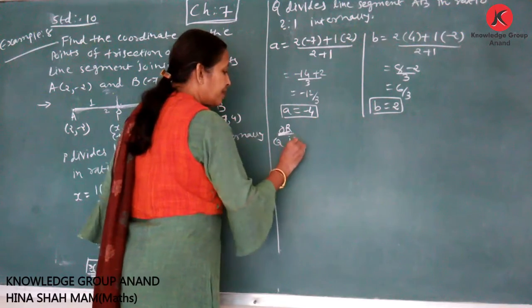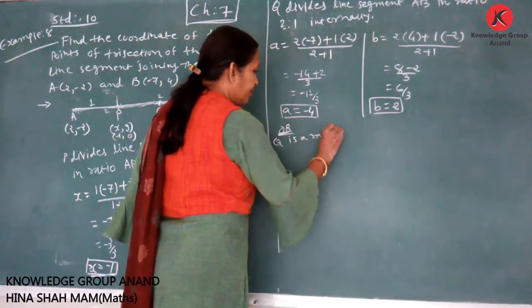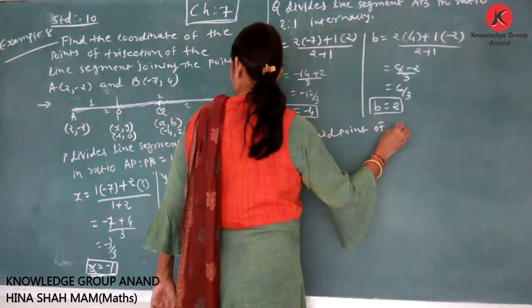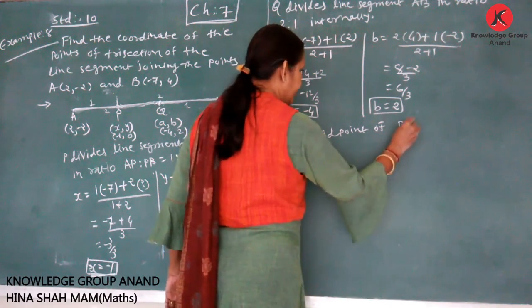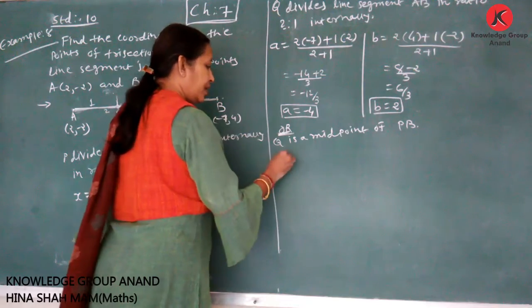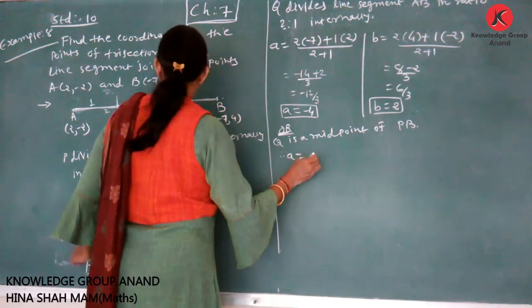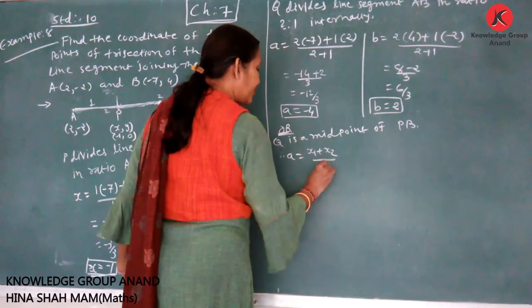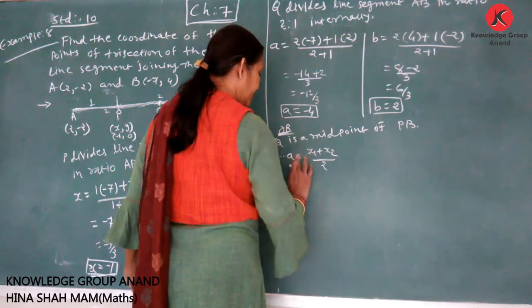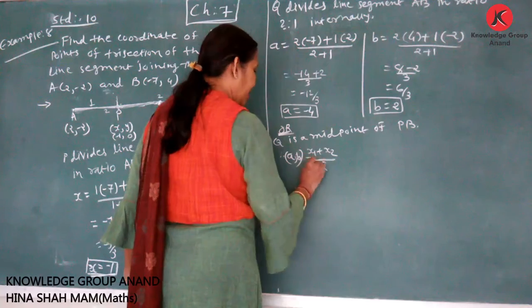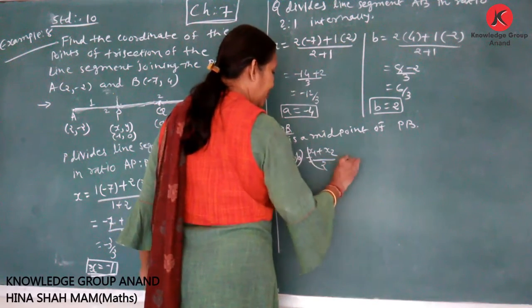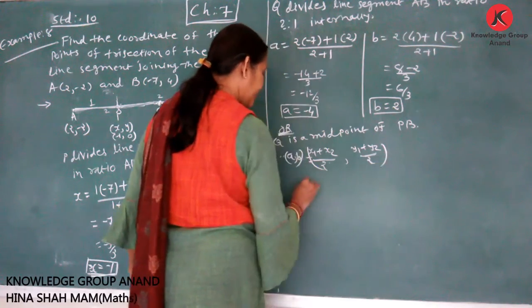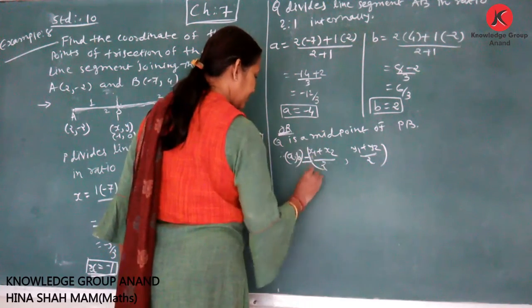Q is the midpoint of PB. Therefore a is equal to our formula x1 plus x2 by 2, and b is y1 plus y2 divided by 2.